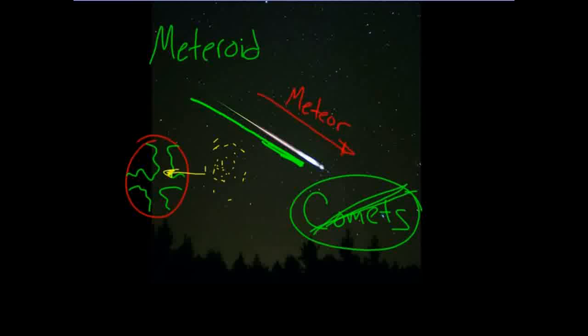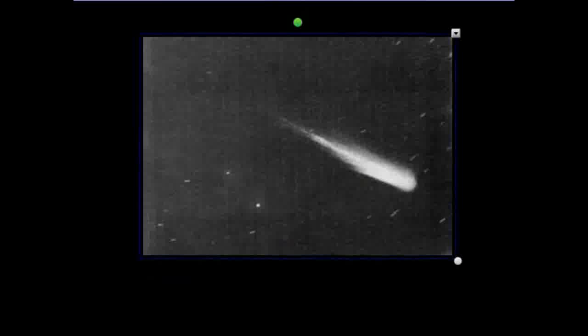But don't confuse a meteor or a meteoroid with a comet, because the meteor is going to travel through our atmosphere very quickly. Whereas comets are not traveling through our atmosphere. A comet is hanging out in space, and they're far away.